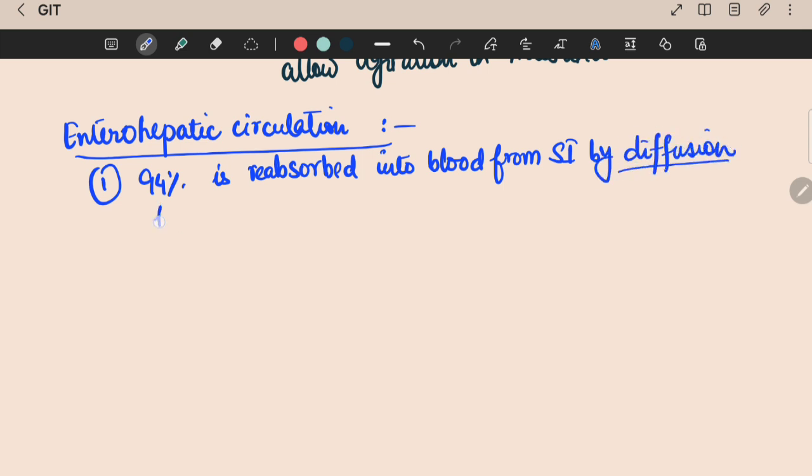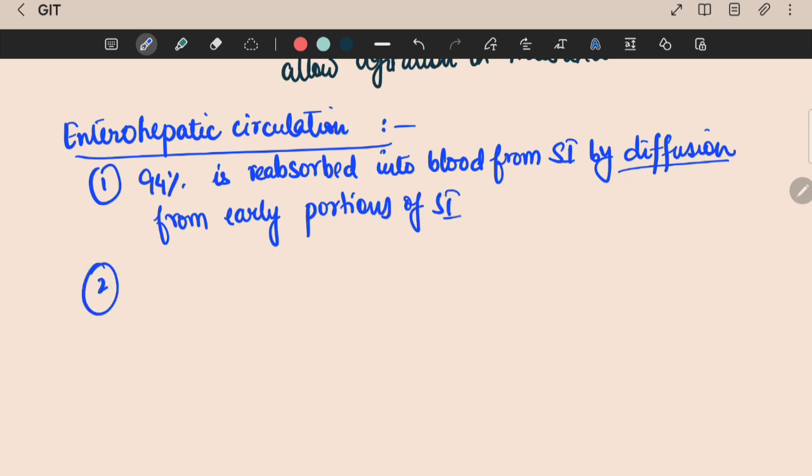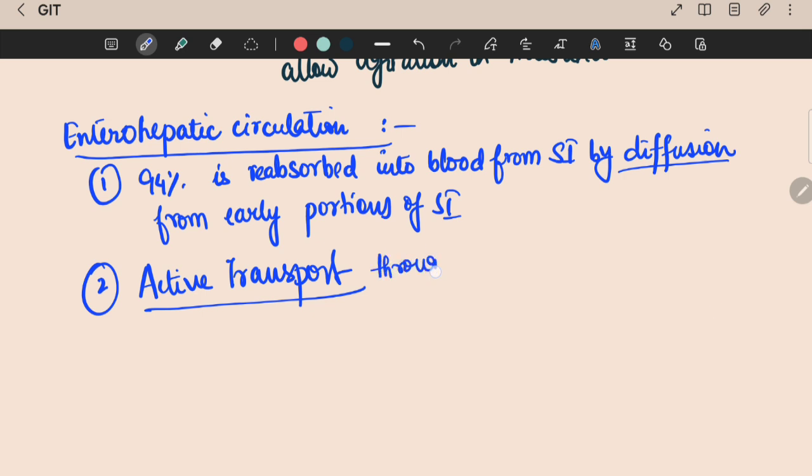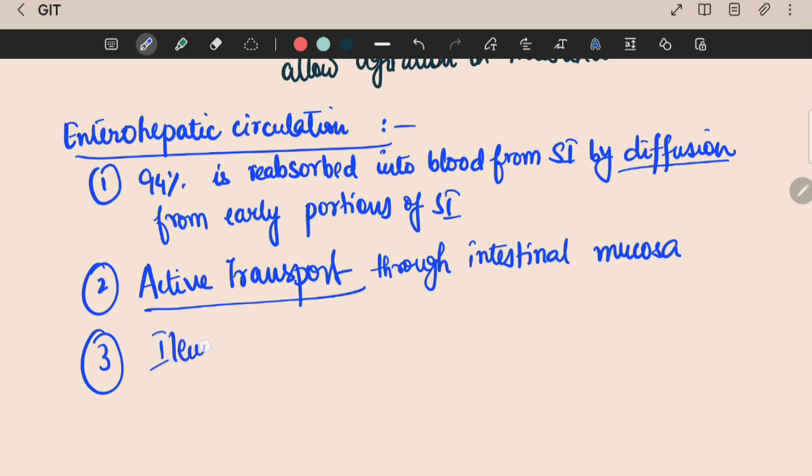Then some amount is by active transport through the intestinal mucosa, and the remaining from the ileum. From the ileum there is again reabsorption. So I've discussed 3 routes.